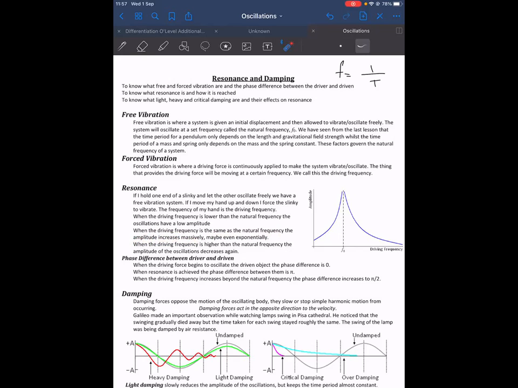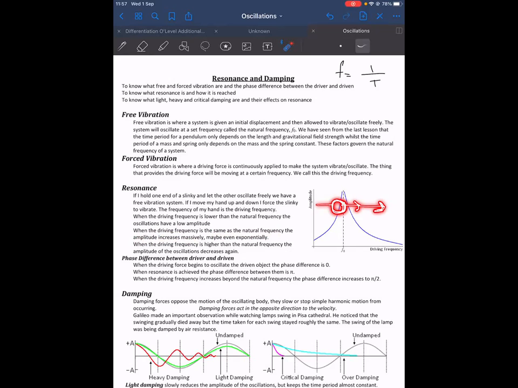If you yourself make a particle or object oscillate at a frequency equivalent to the natural frequency, then you would observe a drastic, massive increase in the displacement, in the amplitude of the system.